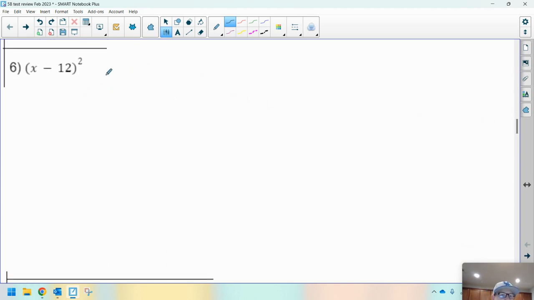Number 6, anytime you square something, what do you do with it? If you had 5 squared, what would you do in your calculator? You would do 5 times 5. Make sure it's not 5 times 2. If you had 10 squared, you would do 10 times 10. If you had x squared, you would do x times x.